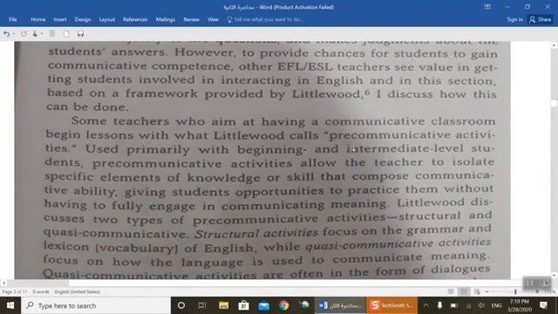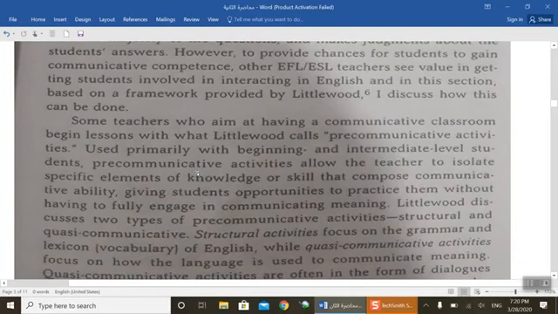Some of them are called pre-communicative activities and communicative activities. Pre-communicative activities are used primarily with beginning and intermediate level students.